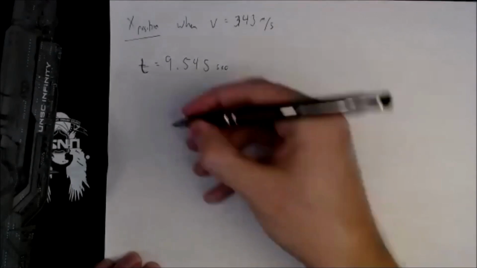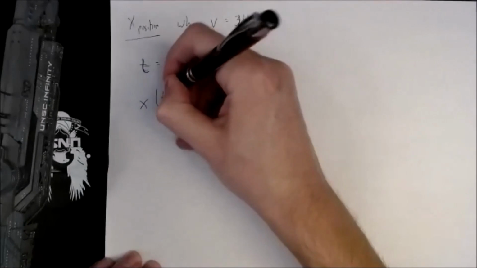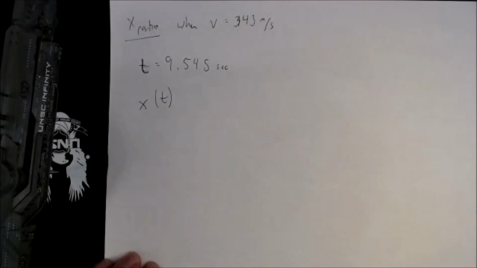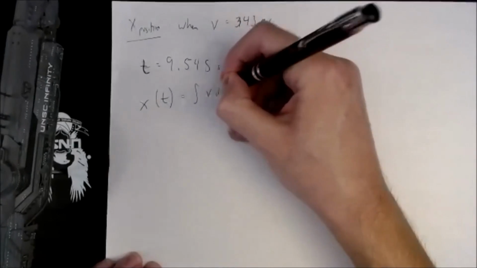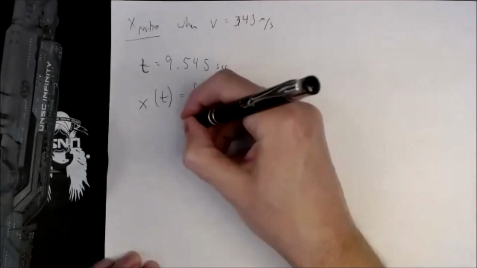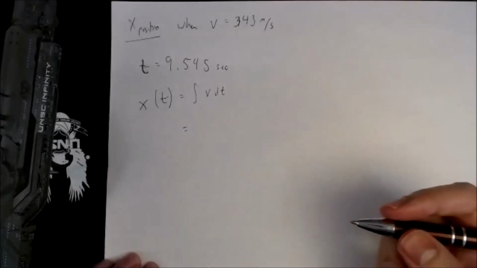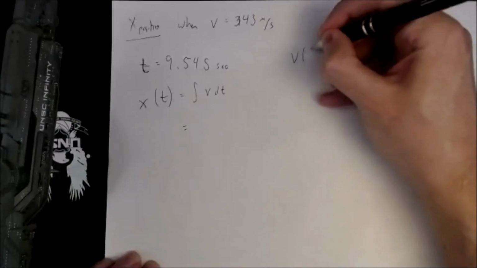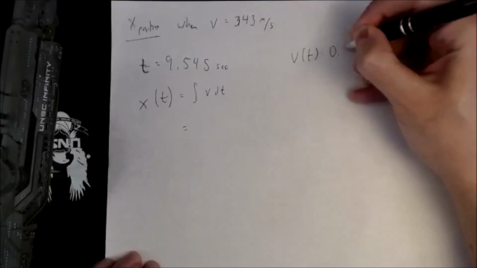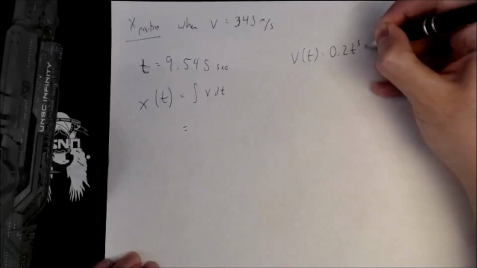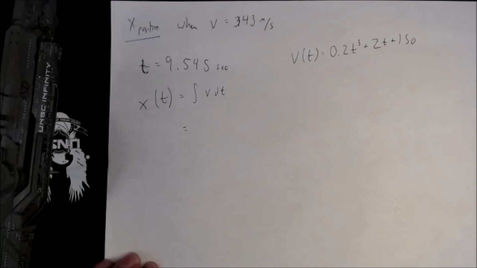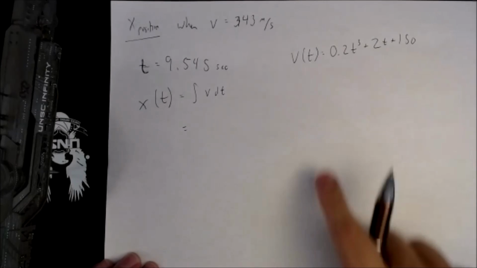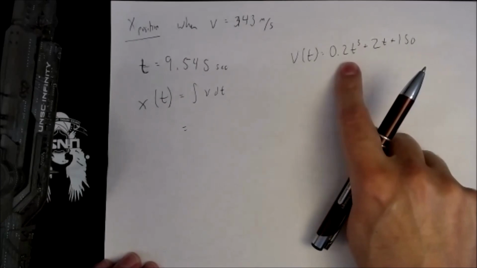To find the x position, we need to find x as a function of time. And to find x as a function of time, we need to take the integral of velocity as a function of time, and the velocity as a function of time was 0.2 t cubed plus 2t plus 150. Doing the same kind of thing that we did last time, what's the integral of that going to be?